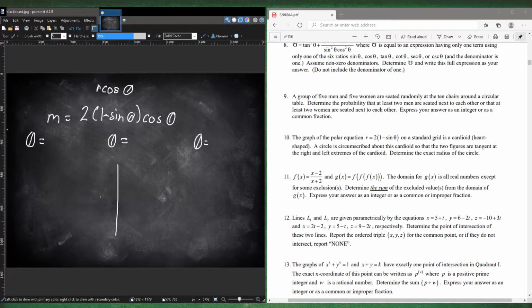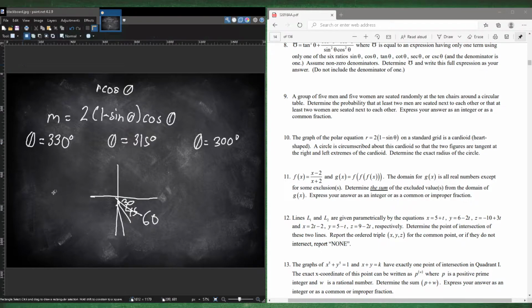If we're working at 30 degrees, that means we're working at 330 degrees, because 330 plus 30 is 360 for the entire circle. For the 45, 360 minus 45 is 315. And for the 60, 360 minus 60 is 300 degrees.